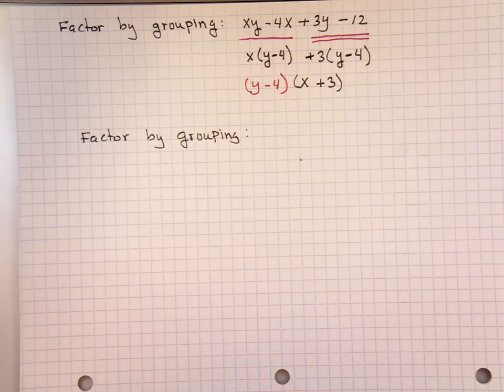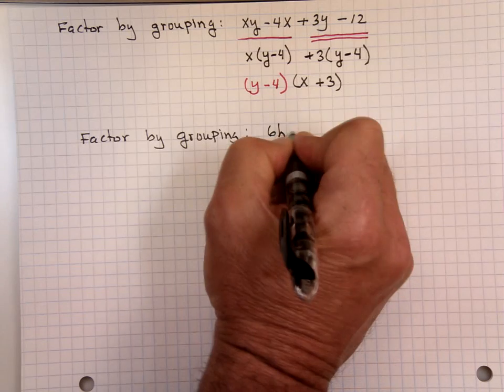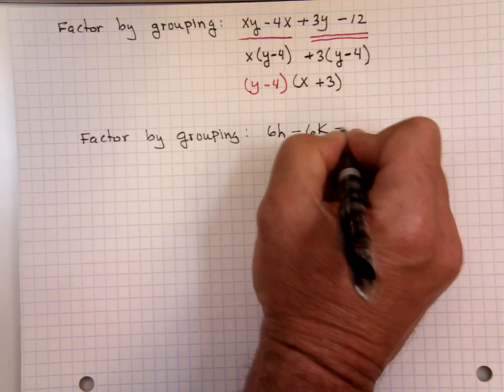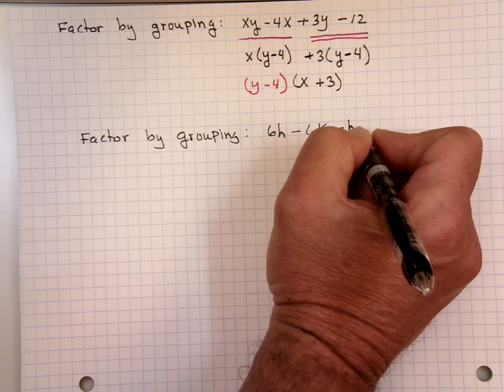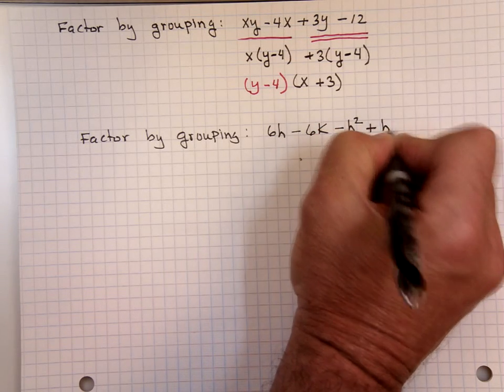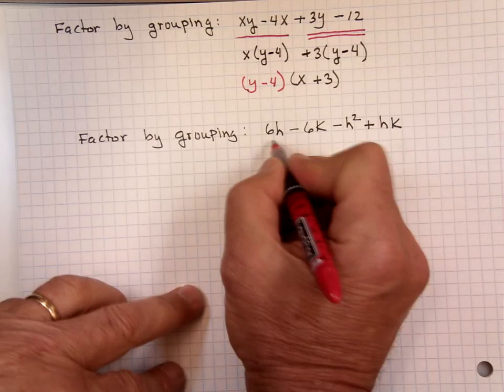Six h minus 6k minus h squared plus hk. Now again, take the first 2 and look at them, factor them, and look at the second 2 and factor them.